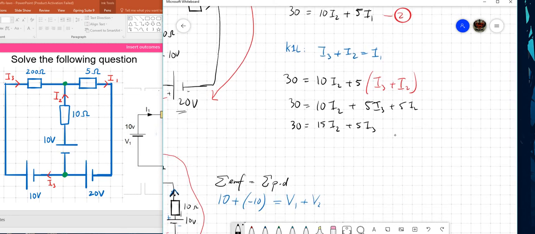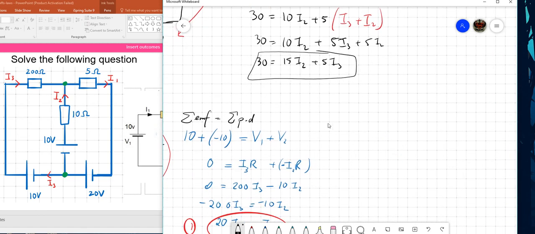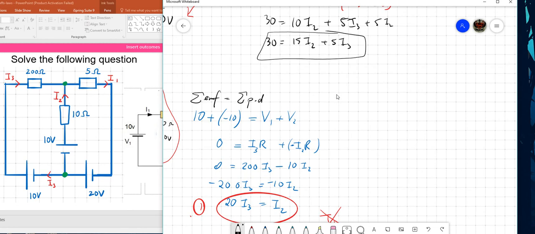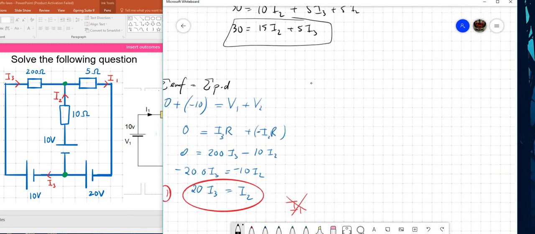So now we have our final second expression. So we got the first one and we got the second one. Let me just leave it there. Now the good thing is we know that I2 is equal to 20 I3 from the first one. So we take this and we plug this into our equation.